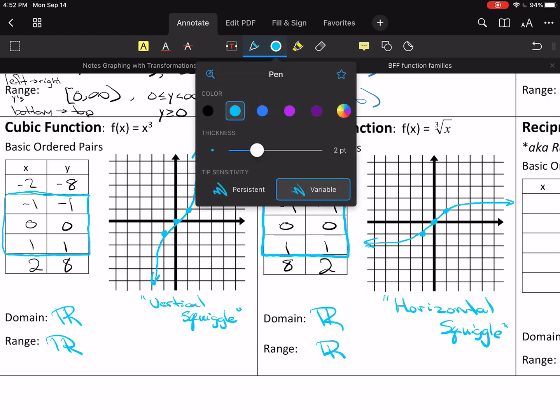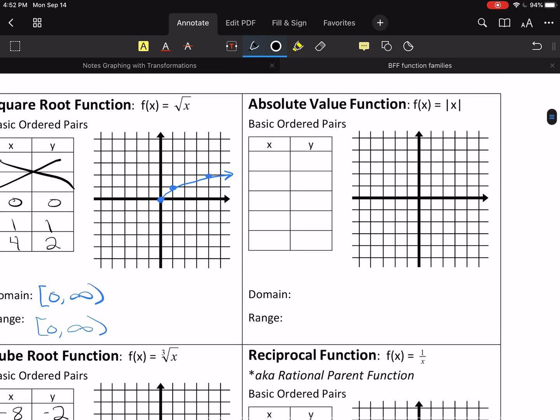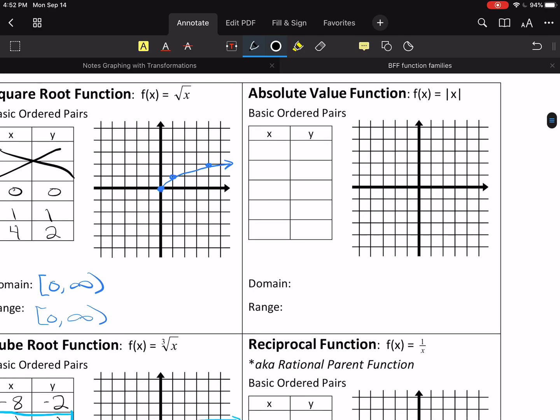All right, the last two functions we're going to talk about on this side of the notes: absolute value and reciprocal function. So absolute value you guys have seen before. 0, 1, 2, negative 1, negative 2. Remember, absolute value, whatever's on the inside, it's always going to spit out a positive number. So 0, 1, 2.